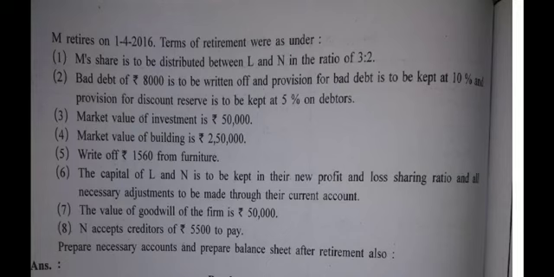In the previous sums you obtained the gaining ratio by applying the formula, new share minus old share. But here they have directly said that the gaining ratio is 3:2. So there does not arise any question of finding out the gaining ratio. Alright? Fine then.